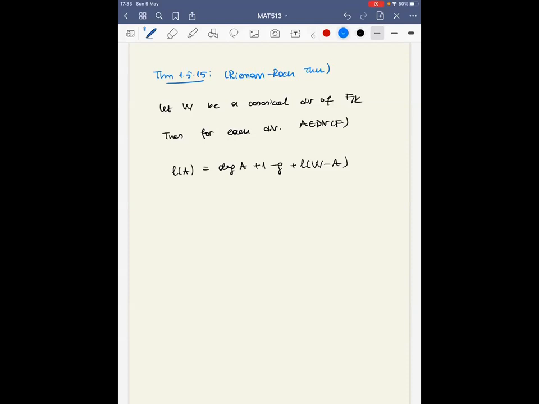And again, as we have seen about 1.5 months ago, for a canonical divisor, we can compute its degree and its dimension in terms of the genus of the function field.